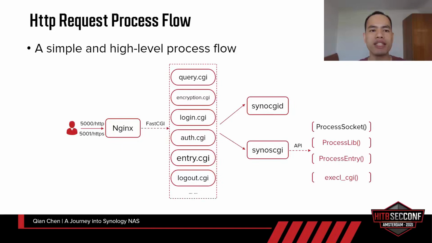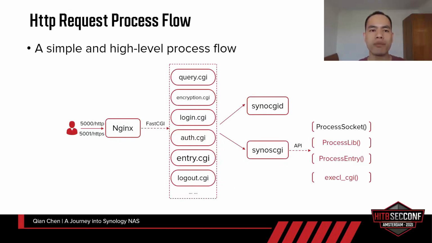Finally, let's look at it from the whole perspective. Here is a simple and high-level process flow. First, a request is sent to the device via port 5000. Then, based on the request URL, the engine server will schedule the corresponding CGI to handle the request, such as query.cgi, login.cgi, and entry.cgi.